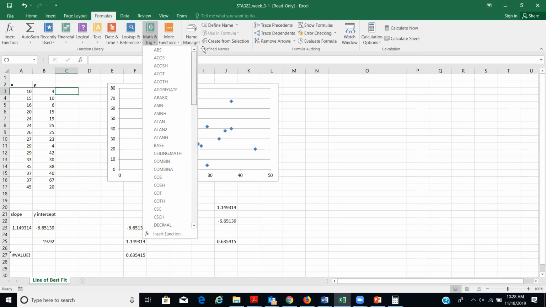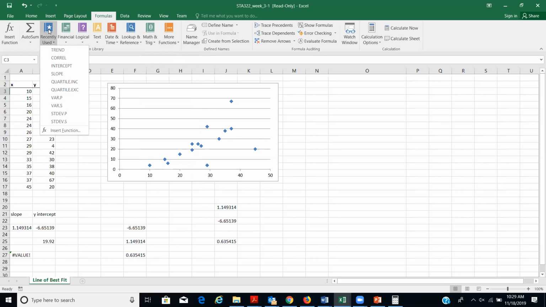I can't remember how we put in data plots. Most recently used, financial, logical, text, date and time, lookup and reference.